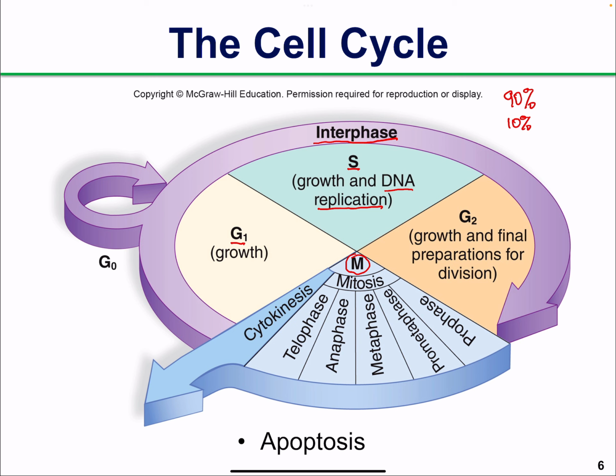That replication is what guarantees that the future daughter cells are going to have the exact same amount of genetic information, right? Now, not only DNA replication happens during the S phase, but you also have a continual growth, right? Now, for a new cell to develop, that new cell will have to inherit all the cellular content, including DNA and all the organelles.